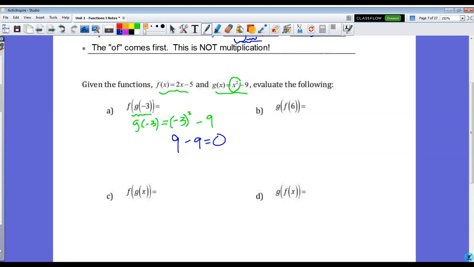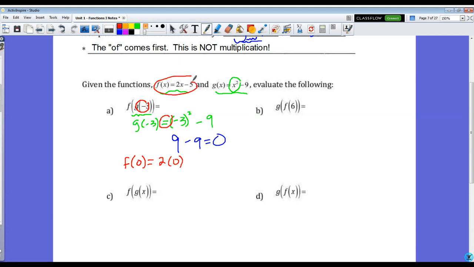All right, so we take that 0. G of negative 3 is just 0. Remember we talked about this equal sign is really important. It means these two are equivalent. So g of negative 3 is literally just another way of writing 0 in this example. So since g of negative 3 is 0, I can just substitute that 0 in for g of negative 3, which means we're just looking at f of 0.